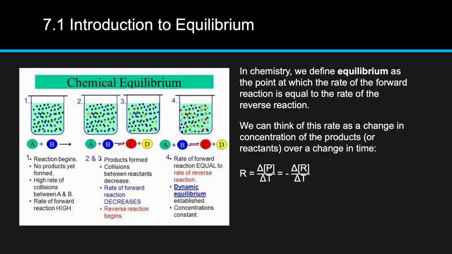As a reaction progresses, the forward rate slows because there are fewer reactant collisions, while the reverse rate increases as more products form and begin colliding to reform reactants. So equilibrium is reached when those two rates become equal, meaning the rate of product formation equals the rate of reactant formation, which is shown there in the equation.